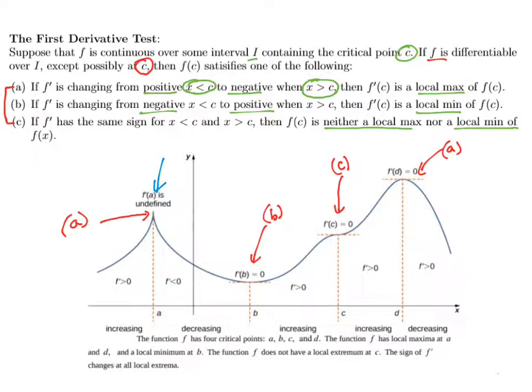So what this means is, f prime of A is undefined, which just means not differentiable. So that's all that is pointing out, that every critical point is either when the derivative is equal to 0, or the derivative is not defined, or the function is not differentiable at that point.